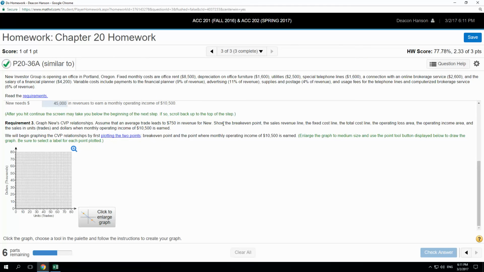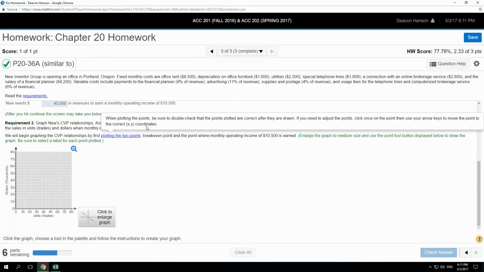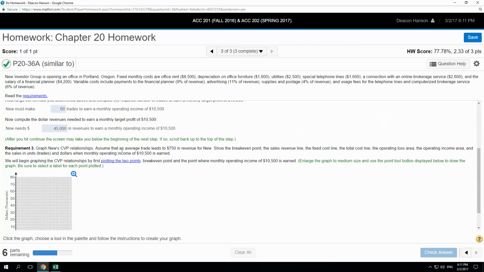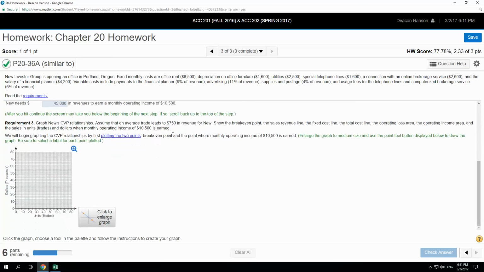Graph new CVP relationships, assuming that an average trade leads to 750 in revenue. Show the break-even point, the sales revenue line, the fixed cost line, the total cost line, the operating loss area, the operating income area, and the sales in units, which are trades, and dollars when monthly operating income is 10,500.